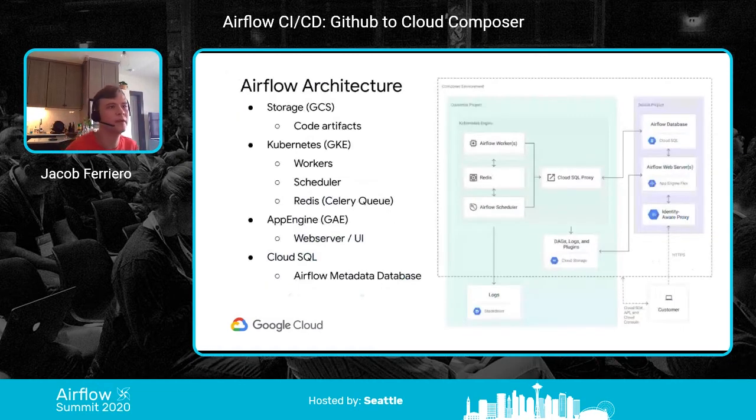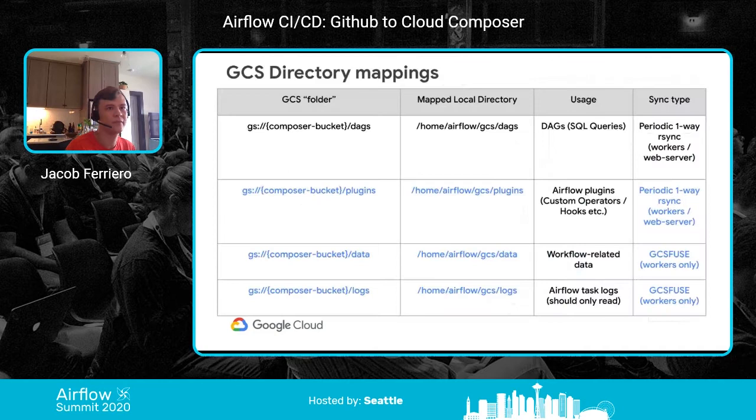That means they go to the web server in the tenant project, as well as the workers running in the Kubernetes cluster in your project. This sync is periodic. It happens roughly every minute. But this can cause issues when we're trying to unpause DAGs, and I'll talk more about that later.